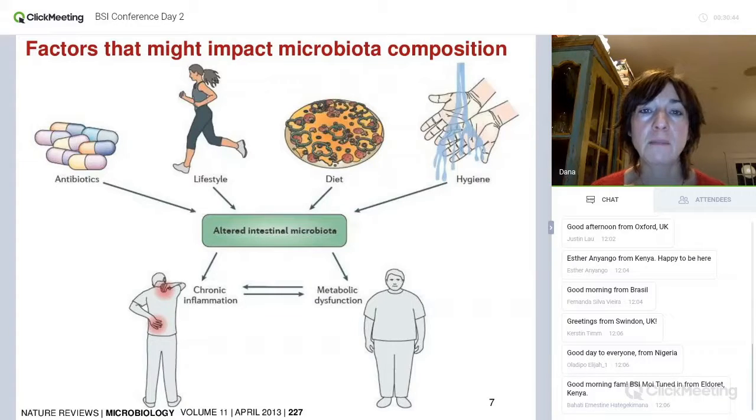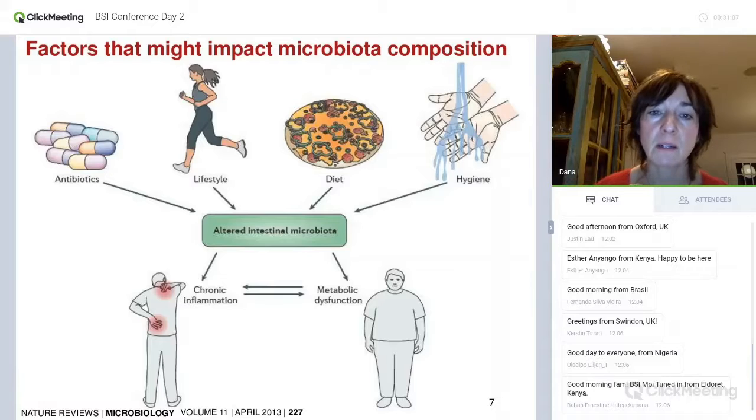The diet is probably the largest way to influence the gut microbiota, and also the hygiene that an individual is exposed to. So all of these changes can lead to an altered intestinal microbiota, especially in conditions where the diversity, as I mentioned, is relatively limited. And once you have that dysbiosis, this can be linked, as we talked about, to different disease states.